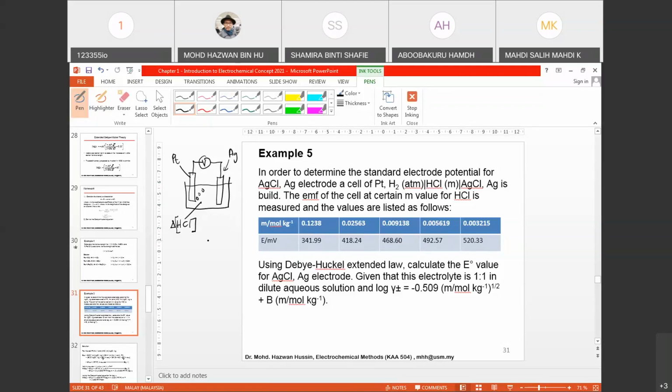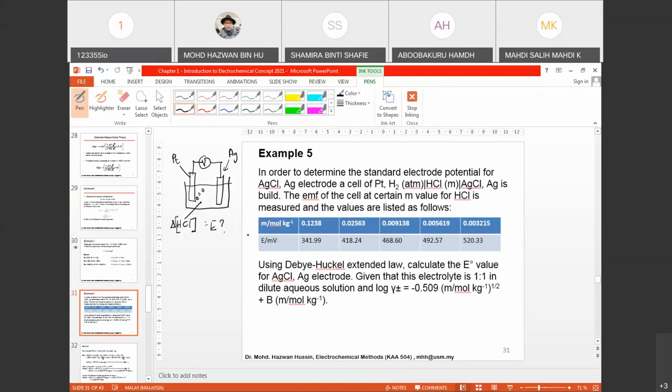So the experiment is basically, when you change the concentration of acid, you measure the potential value. You have a set of different concentrations, you pour them into the cell, and then you measure the potential. The potential will be read from here.